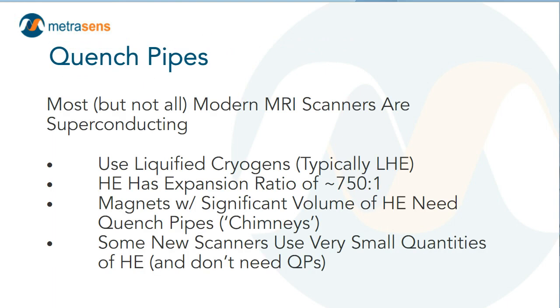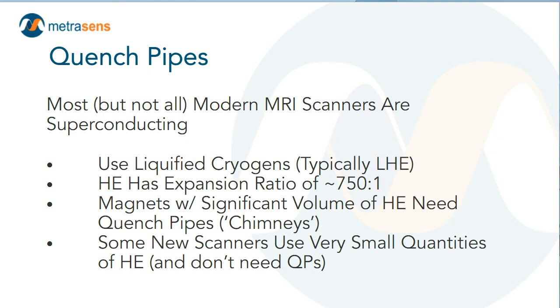So quench pipes, again, most but not all modern MRI scanners are superconducting, which means they have to maintain super cold temperatures for the conductive elements that we use in superconducting magnets today. Most of these are kept cold with liquid helium.